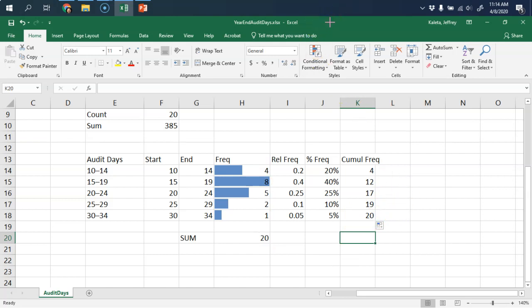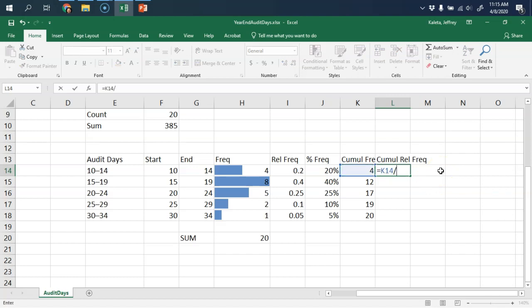Now, if we were going to do the cumulative relative frequency, excuse me, it would be equal to this value divided by the total quantity. In this case, the total quantity is represented here, so I don't need to do a sum value, but I do need to keep this as an absolute reference.